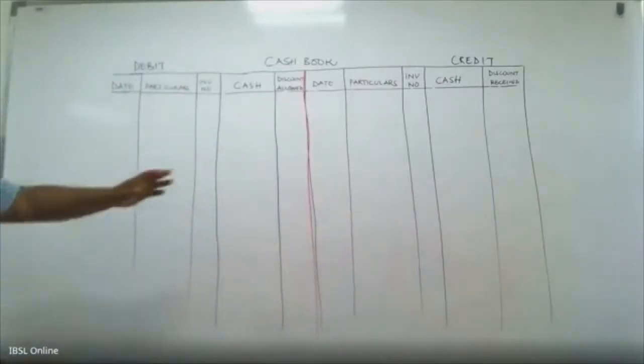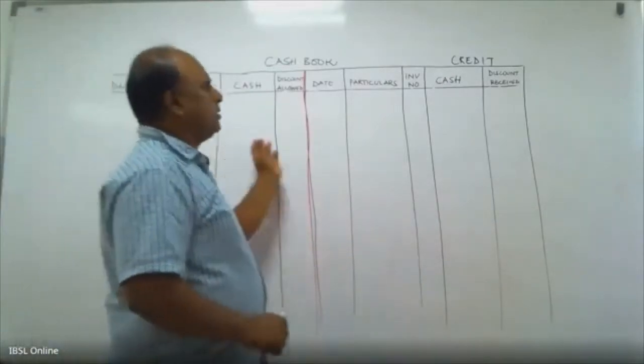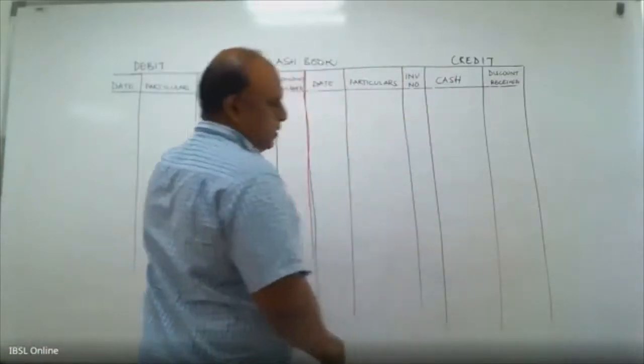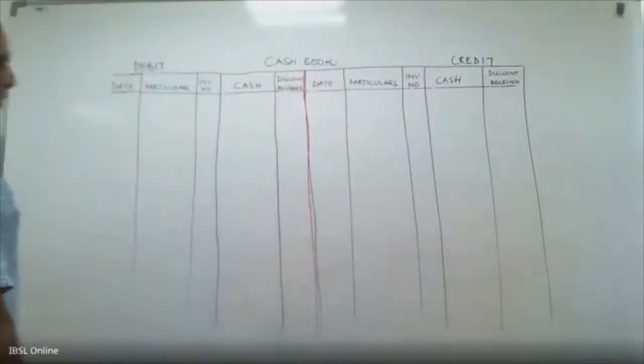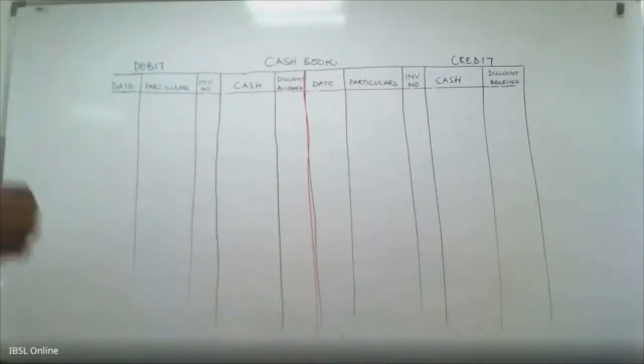That is, what is on the left side, you will name it as cash, right side also cash. This type of cash book is known as a single column cash book.